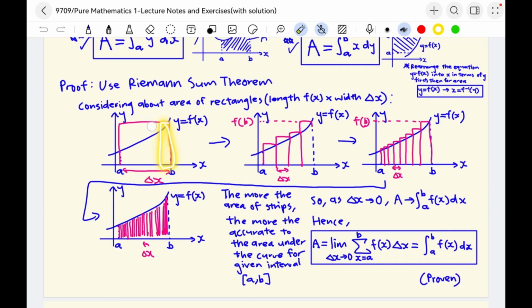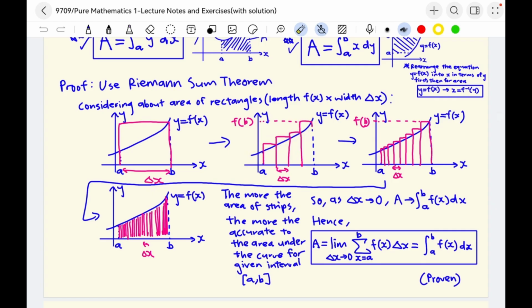We carefully and gently add more strips within, as long as the upper end of the rectangle strip covers the arc of the curve completely, without any area of the rectangle above the arc of the curve.